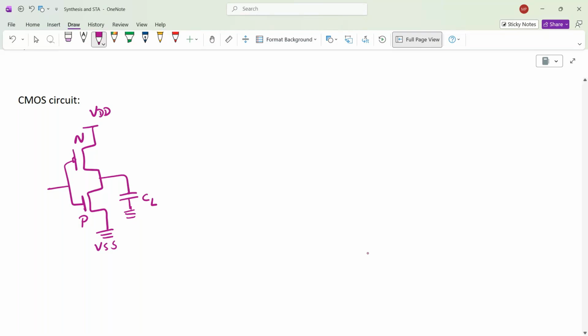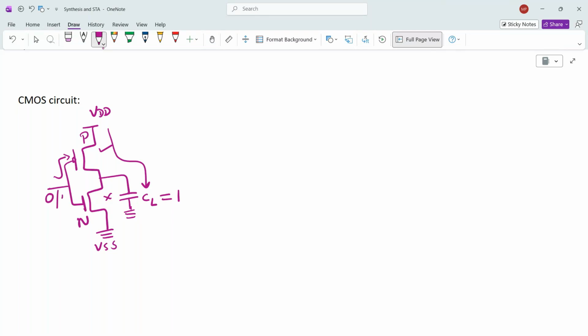When we are giving zero, your PMOS is working and your NMOS is off, so your load capacitance CL is getting charged and it gives us 1.